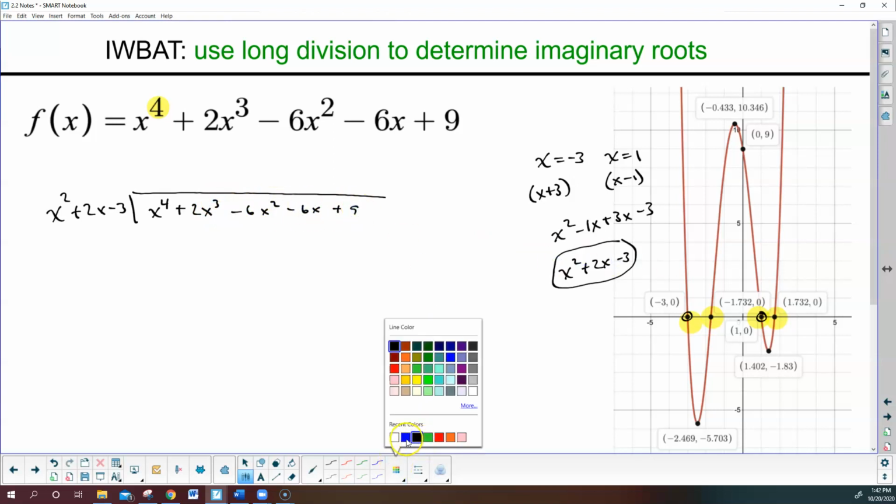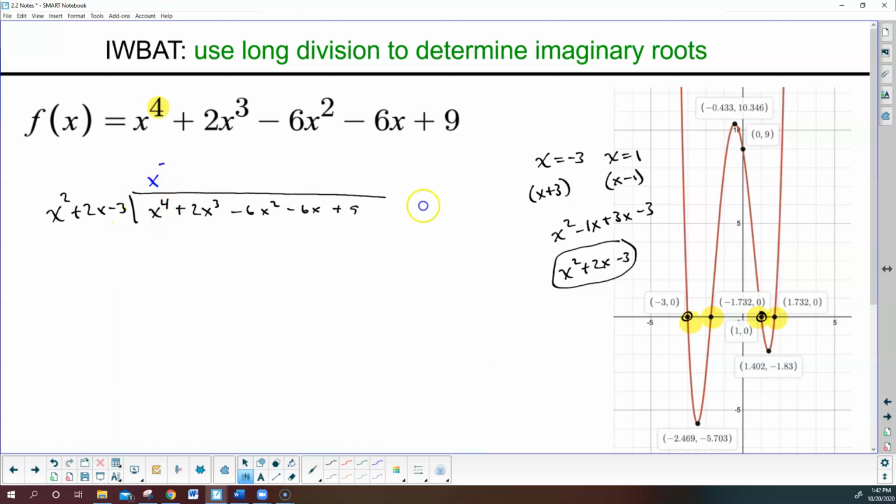And then I'm going to do this real quick. We're going to multiply the first term by x squared, so it looks like an x to the fourth. I'm going to multiply all terms by x squared. x squared times 2x is 2x to the third. x squared times minus 3 is minus 3x squared.